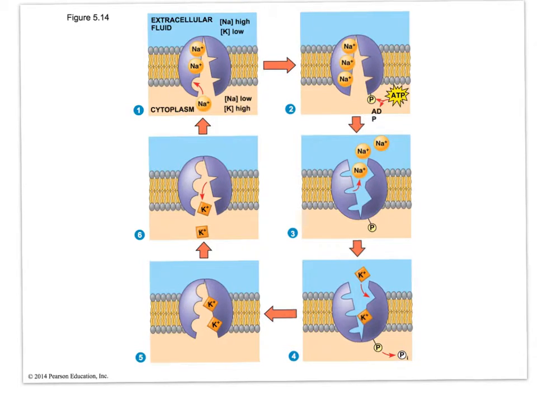When sodium is allowed to rush in, nerve action potentials and muscle twitches are all based upon this. It's all based upon setting the amount of positive ions outside the cell higher than what's inside the cell. So now that cell can be stimulated to do what it needs to do.